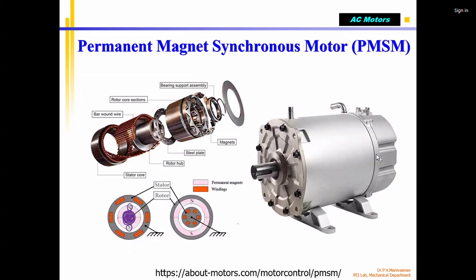The other one is interior permanent magnet, IPM. You can see that these are the magnets, so the magnetic poles are inside. I will show in the next slide so you will understand.